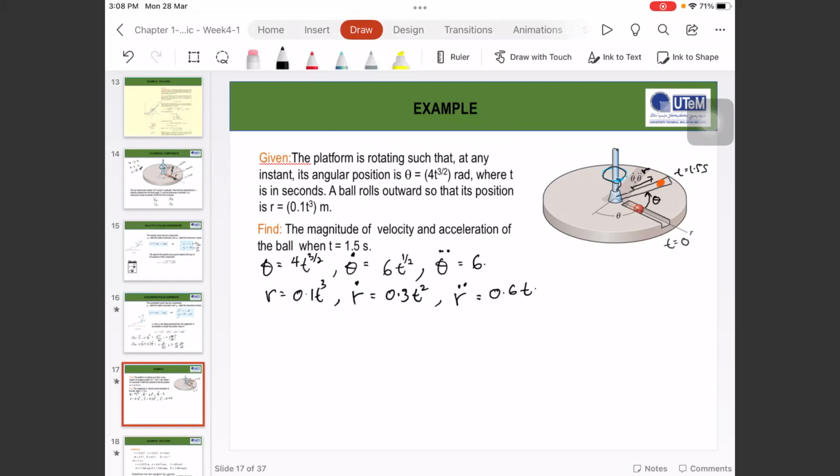Okey, masukkanlah. Find what is V_R, V_theta, and then A_R, A_theta. So V is equals to square root of V_R squared plus V_theta squared.